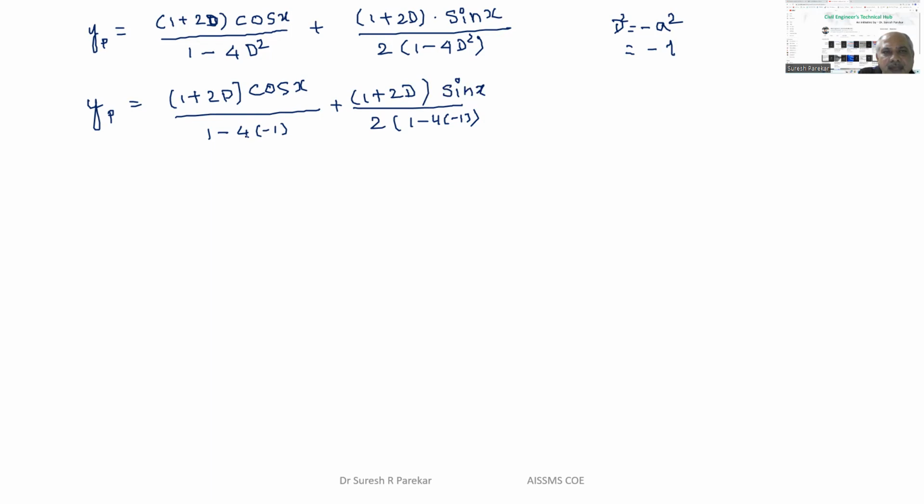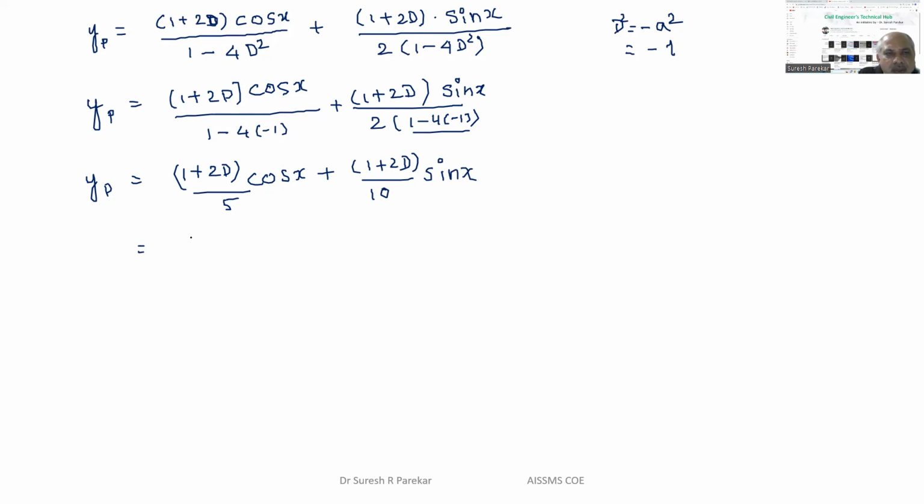And 1 minus minus 4 is 1 plus 4. So we will have yp equal to 1 plus 2d upon 5 into cos x plus 1 plus 2d, now we have this 5 and this 2, so upon 10 sin x. And now we have to separate it.